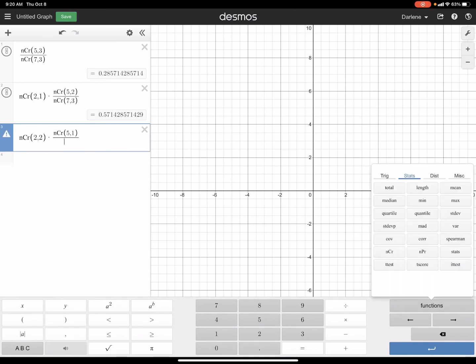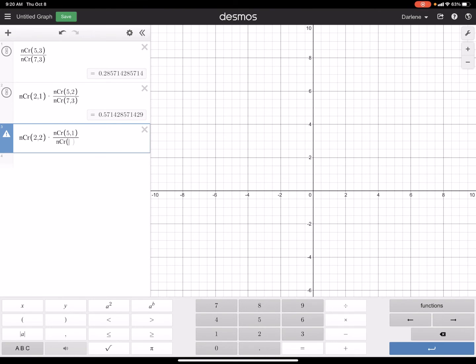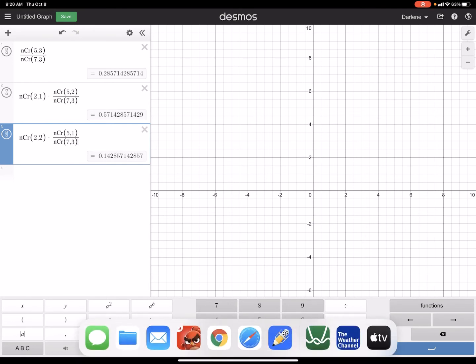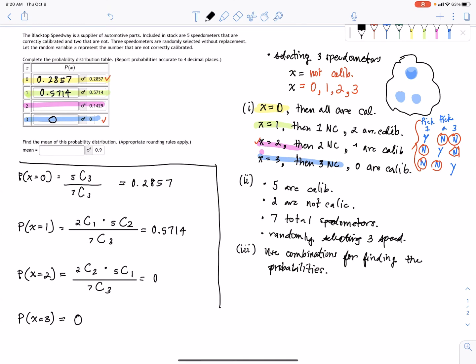Divided by, go back to Functions NCR, out of the 7 in the box that you're randomly selecting 3. So this is 0.1429. And again, I'm rounding correctly, so make sure you check those test digits. Okay, so here are the probabilities for the table for the first part.